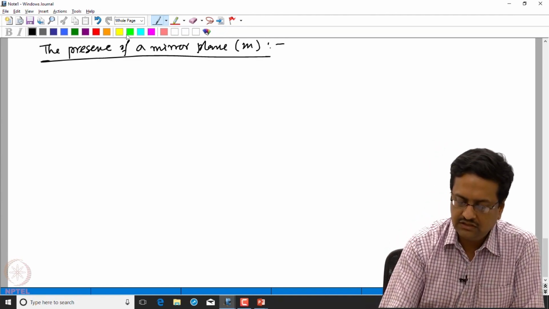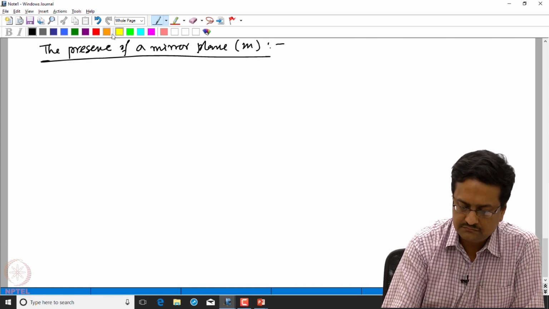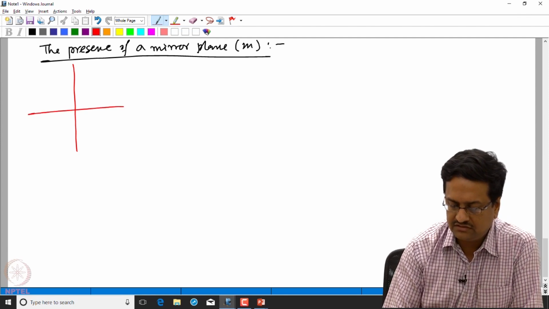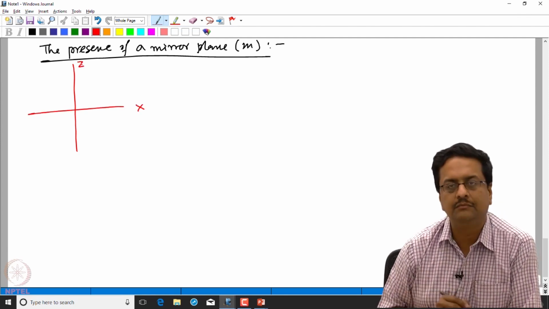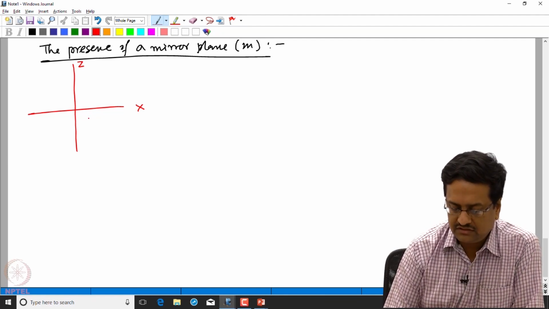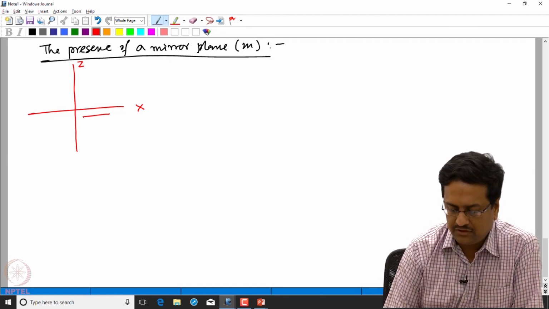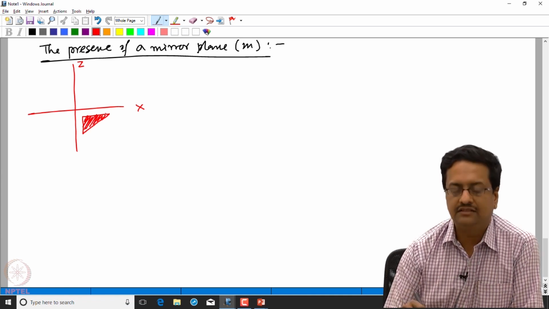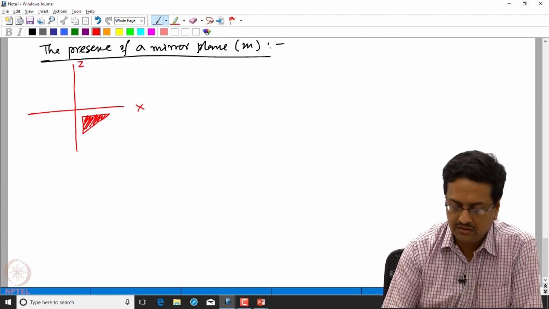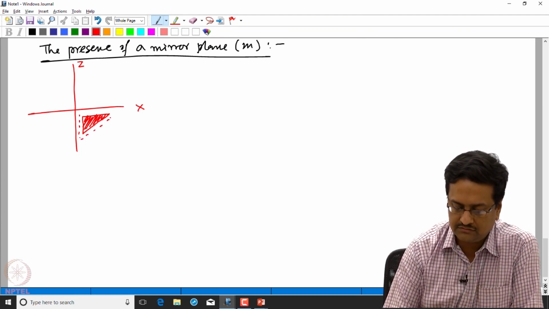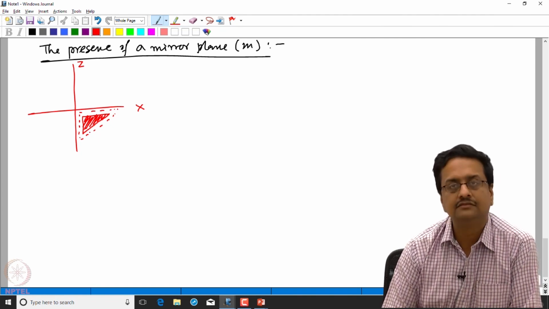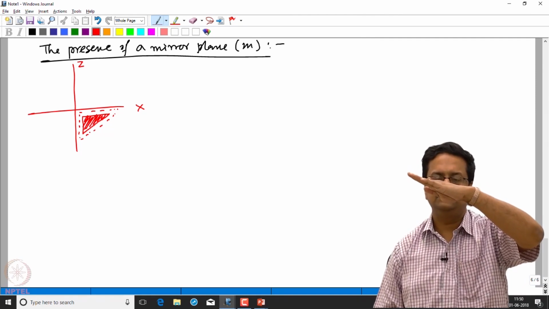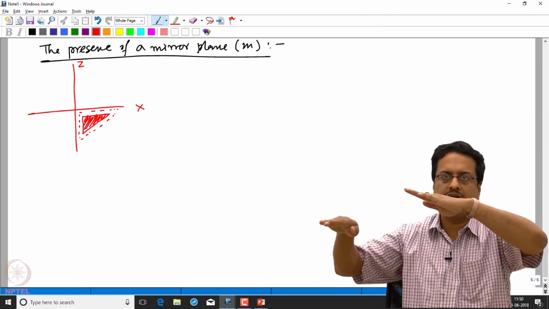In case of a mirror, if this xz plane is a mirror plane, any object which is above the plane of this mirror gets reflected and goes to the lower part of the lattice, just like one object positioned here and a mirror plane in between.